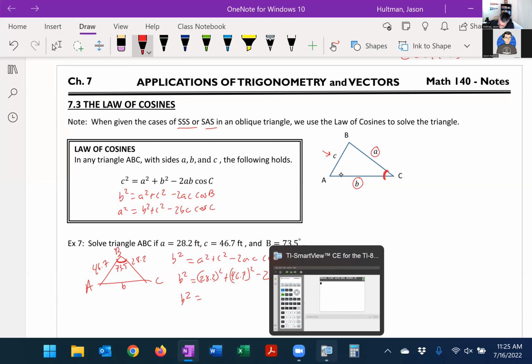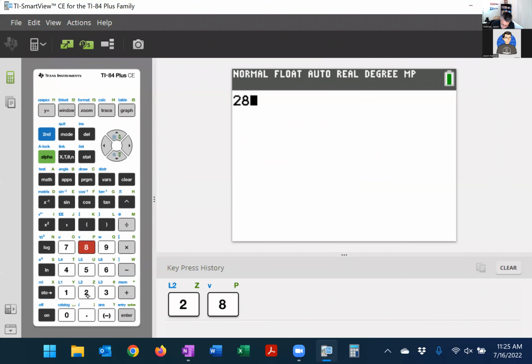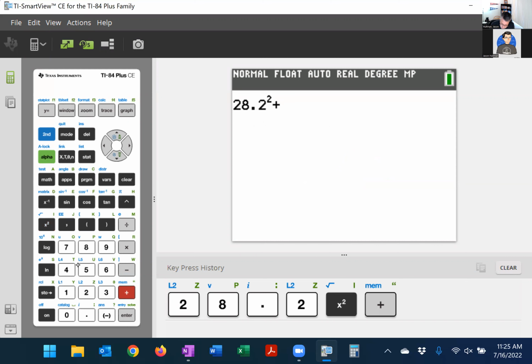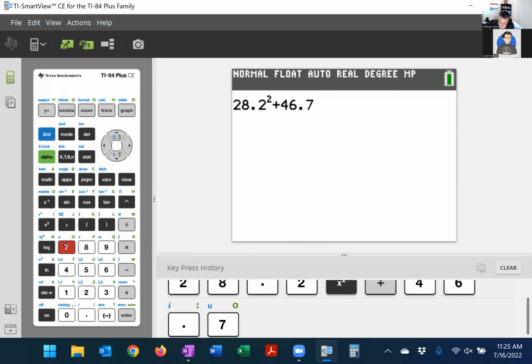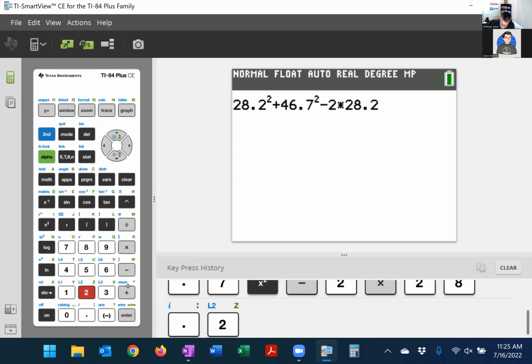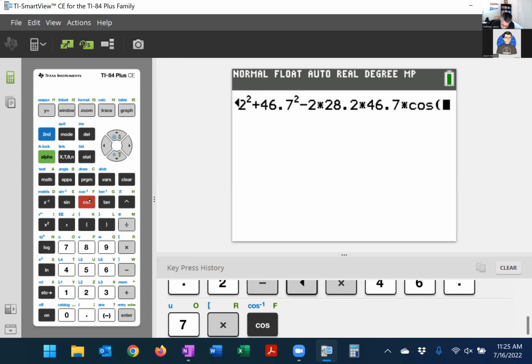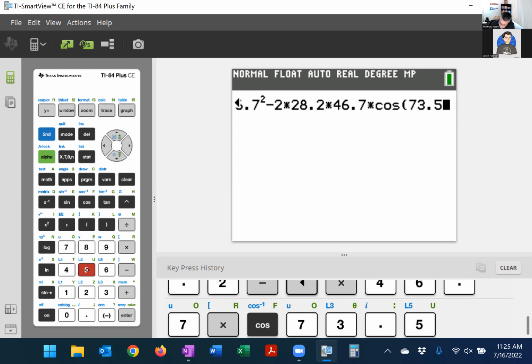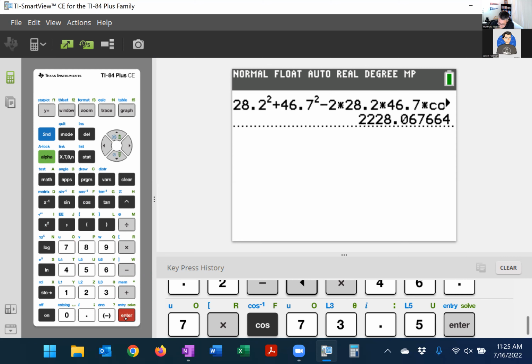Let's plug that into the calculator here. 28.2 squared plus 46.7 squared minus 2 times the same two values, 28.2 times 46.7 times the cosine of 73.5 degrees.